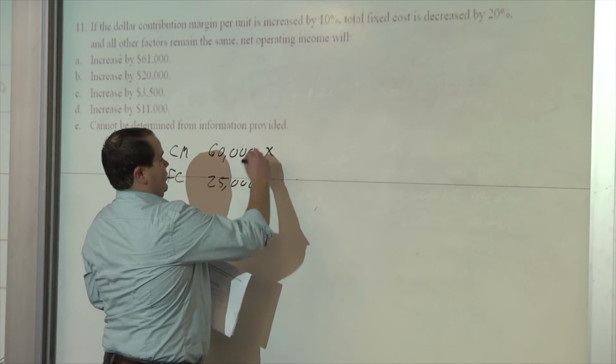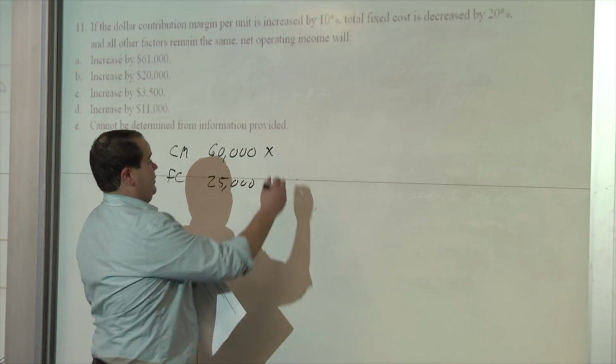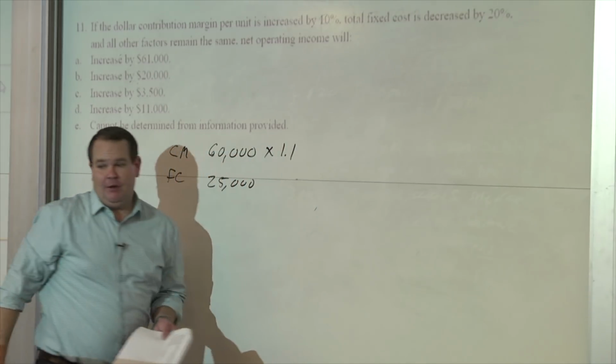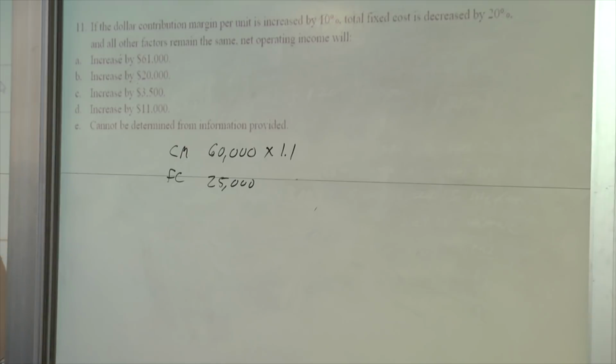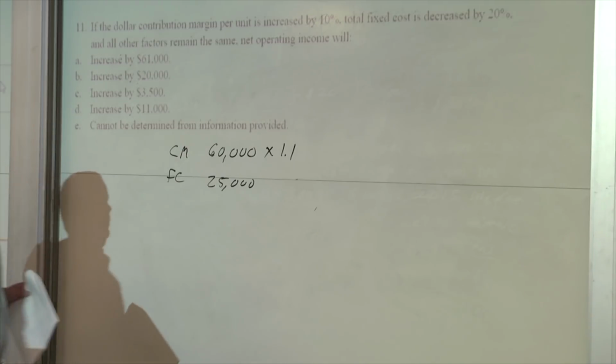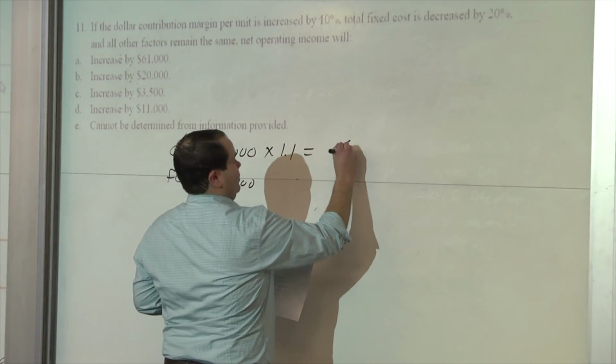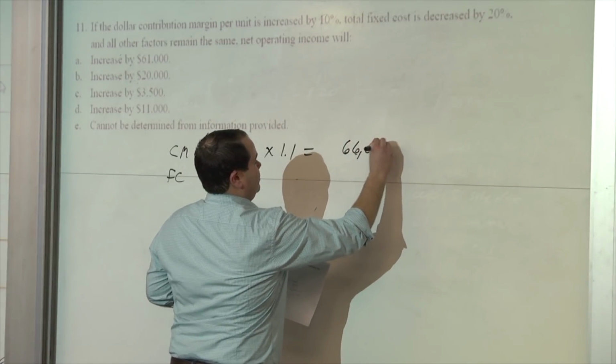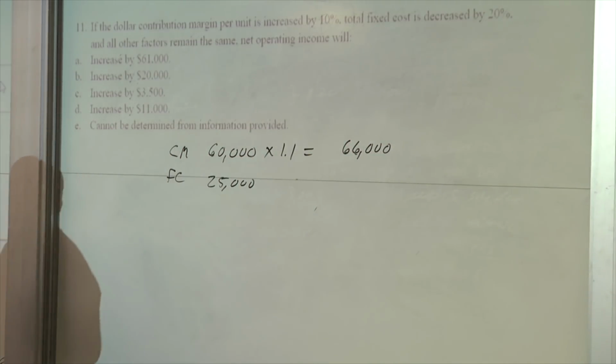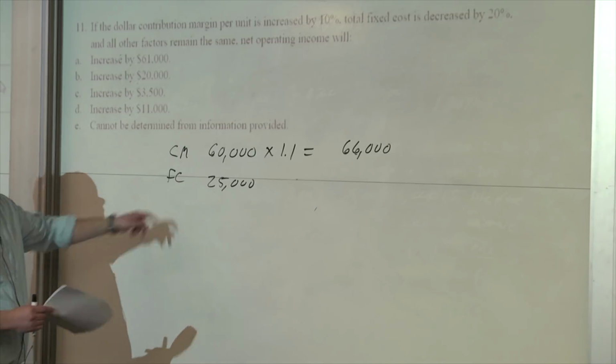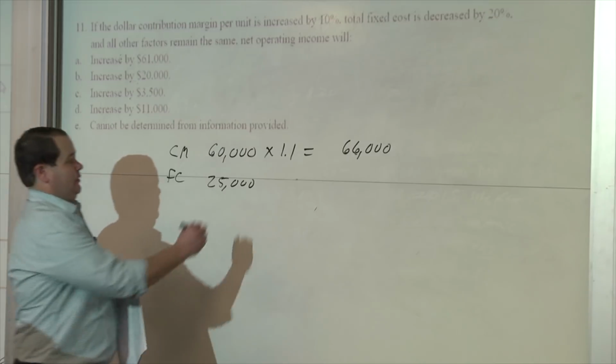So that means our total contribution margin is going to go up by 10% because they sold the same number of units. So we're just going to multiply this by 1.1 to get a new contribution margin of 66,000.